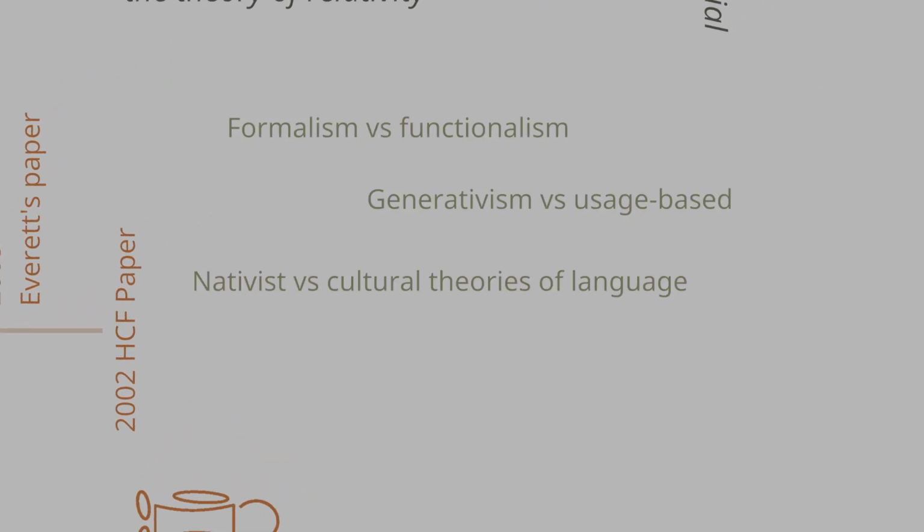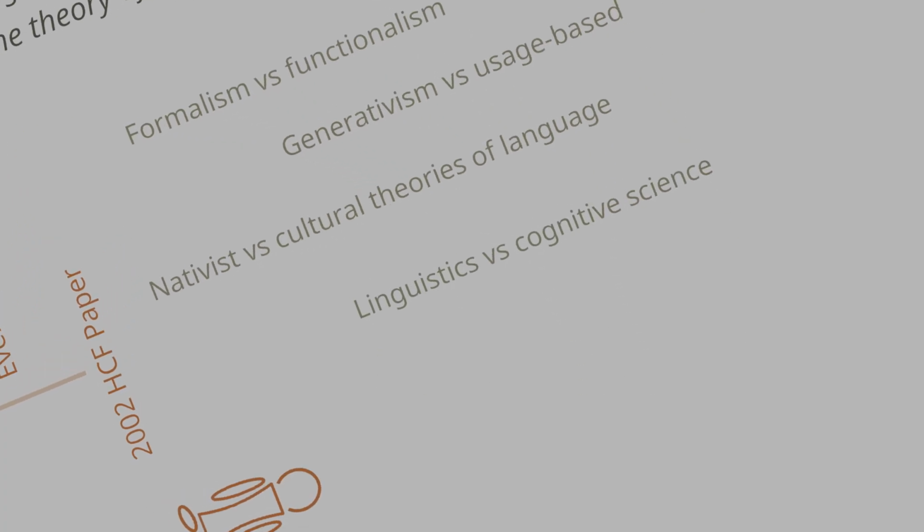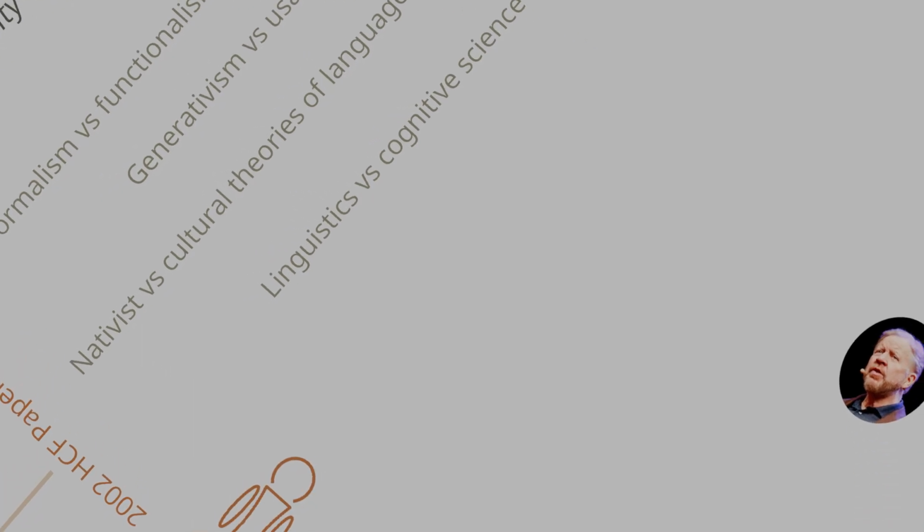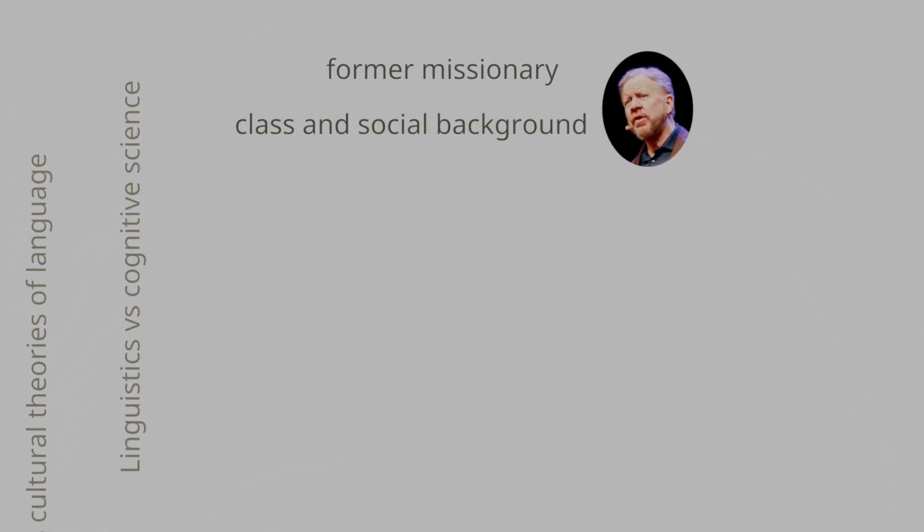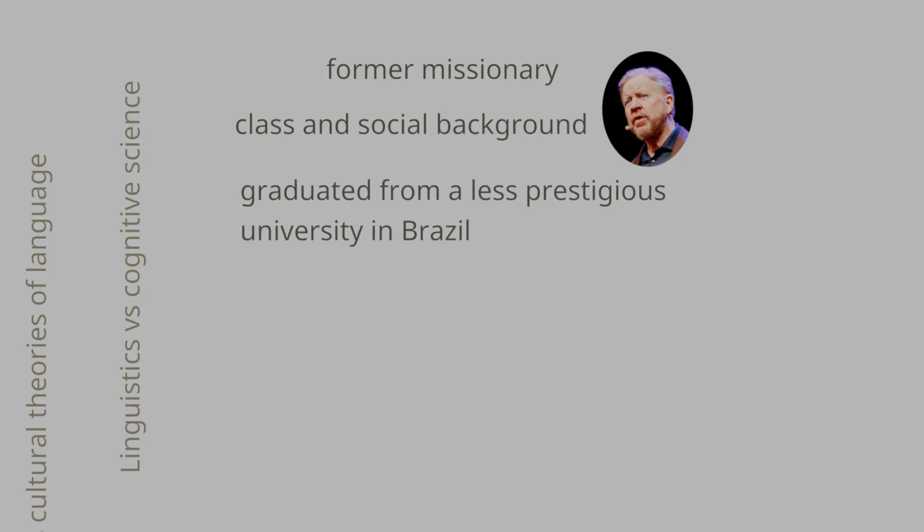And beyond that, there might have been other factors, like petty turf wars between different schools of thought within linguistics, perhaps even between disciplines, like between linguistics and cognitive science. And lastly, it's also possible there was some bias against Everett on account of him having been a missionary in the past, and perhaps also on account of his social and class background.